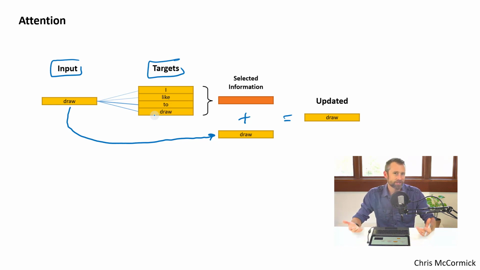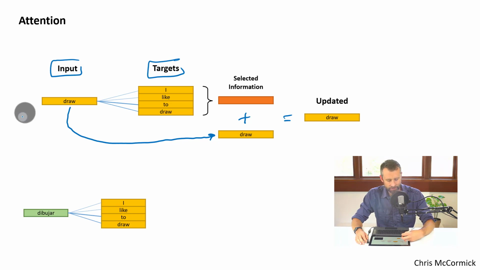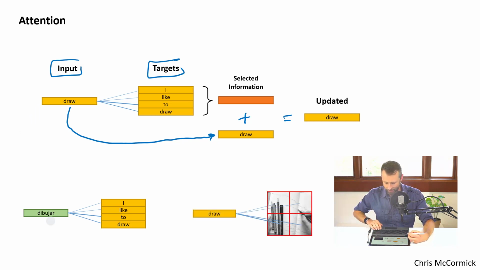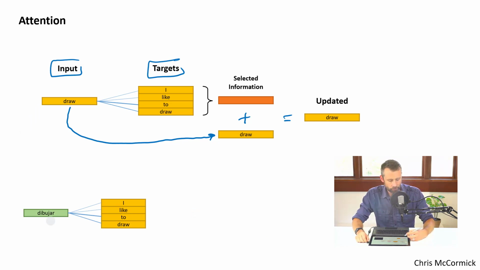But the input and the targets don't have to be the same thing. For example, if we're doing translation, then for the Spanish word for to draw, dibujar, we could attend back from the Spanish word to the original English words to pull in information from those words to update dibujar with.